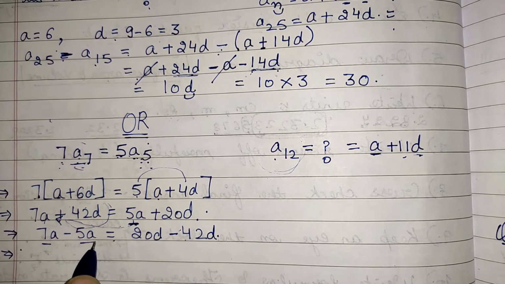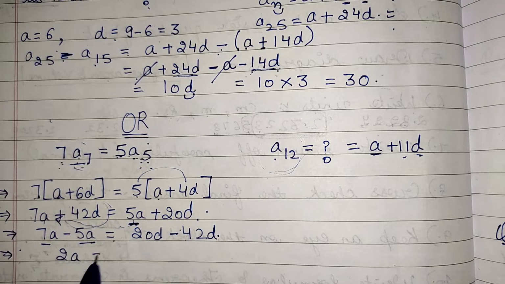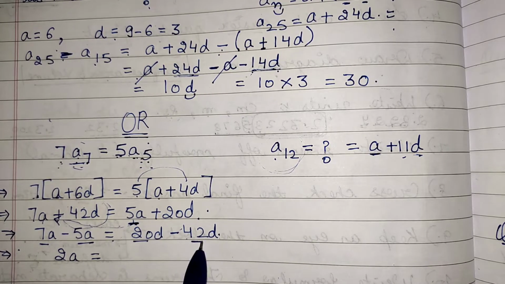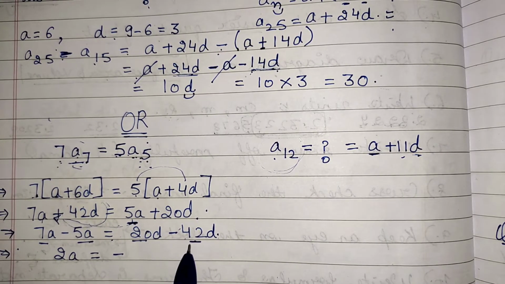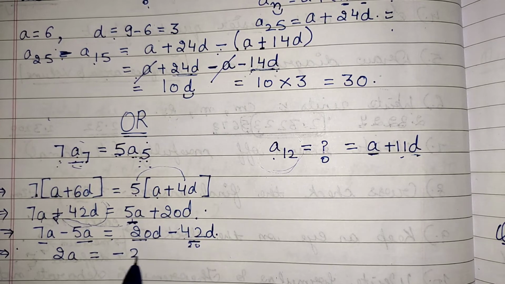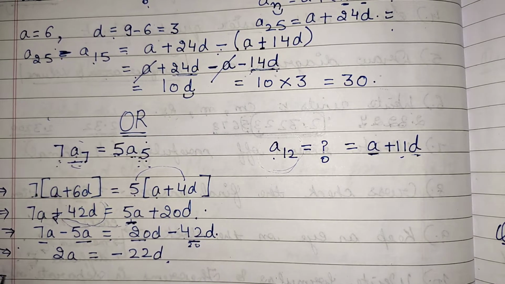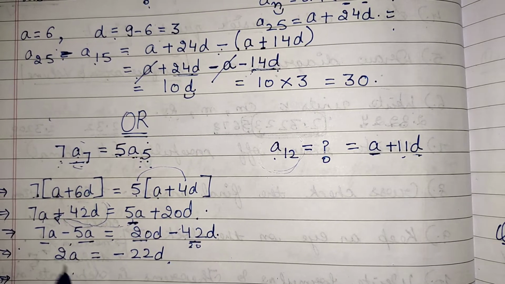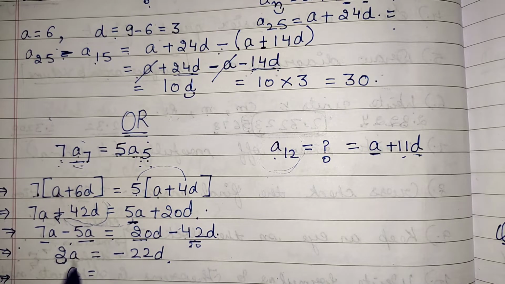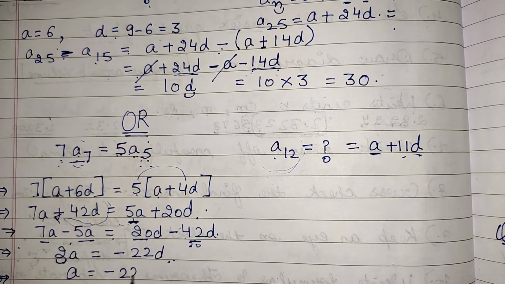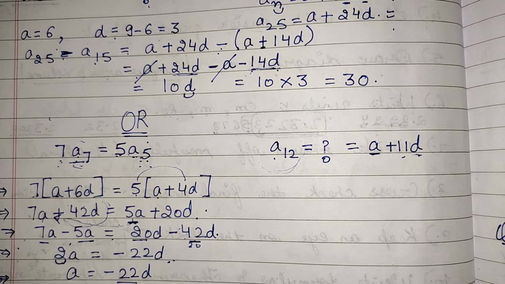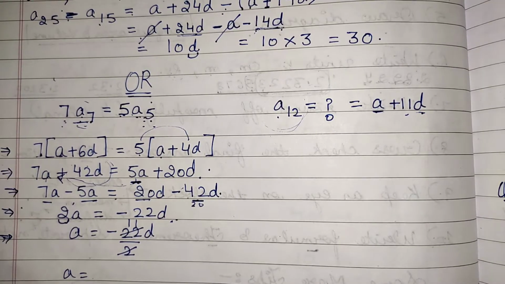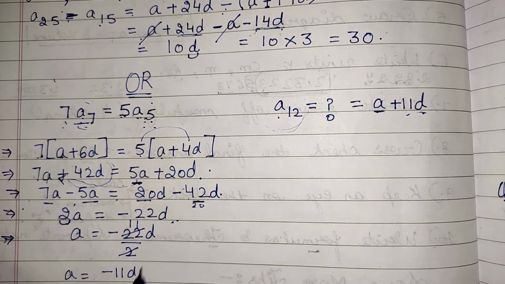So 7A minus 5A will become 2A, and 20 minus 42 will become minus 22D. This 2 is multiplied here, so when it goes to the right hand side, it will be divided. So A is equal to minus 11D.